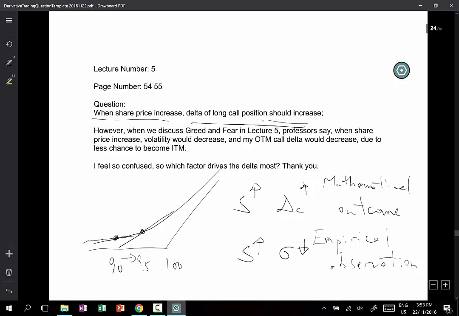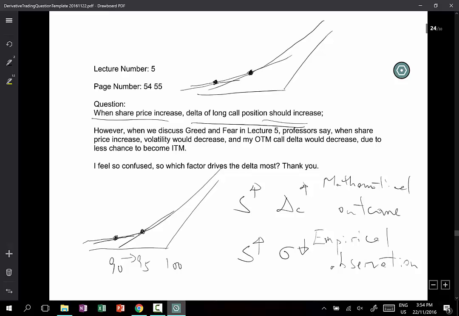So what happens then is that as the vol goes down, this is like a two-stage approach. First, let's say you were here, and this is your delta, and then the price rises, so this is your delta now, so your delta has gone up.